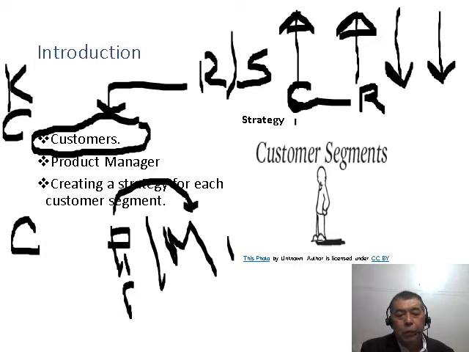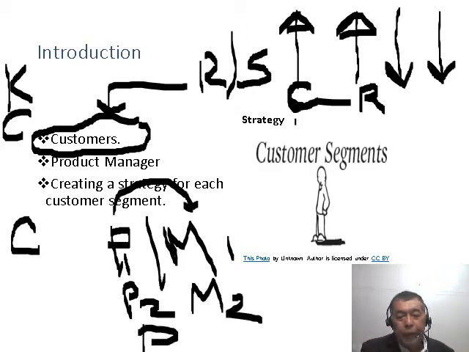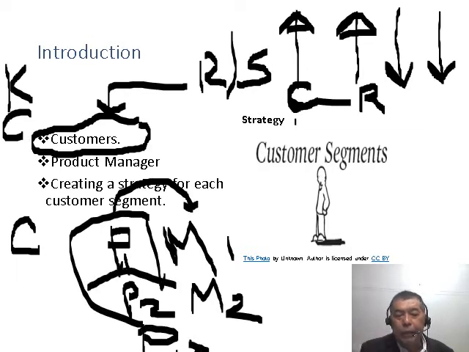Product number two might be appropriate for market number two. But product number two or product number three might be appropriate to M1 and M3, but not market 2. So you must understand the segmentation of your customers.